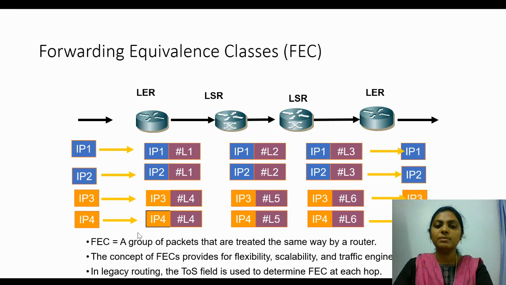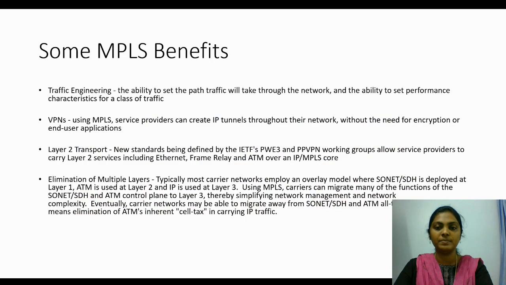But there is one difference between the existing ones and the MPLS concept: in MPLS, the FEC classification is done only at the ingress network, whereas in legacy routing, this classification can happen at each hop. That is the difference.